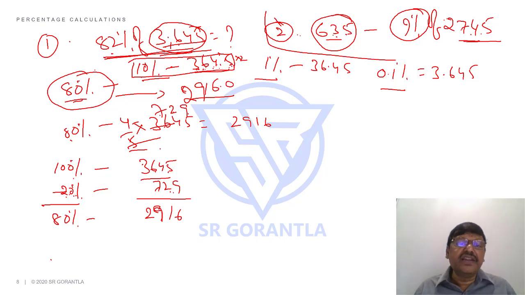This 20% again, there are 2 ways you can calculate. I said 10% is 364.5, into 2 is how much? 729, you are saying. Or somebody will say 20% is 1 by 5. 1/5 of 3645 means, you know, 5 7s, 5 2s, 5 9s you can say. Is that fine? This is how you can do it, students.